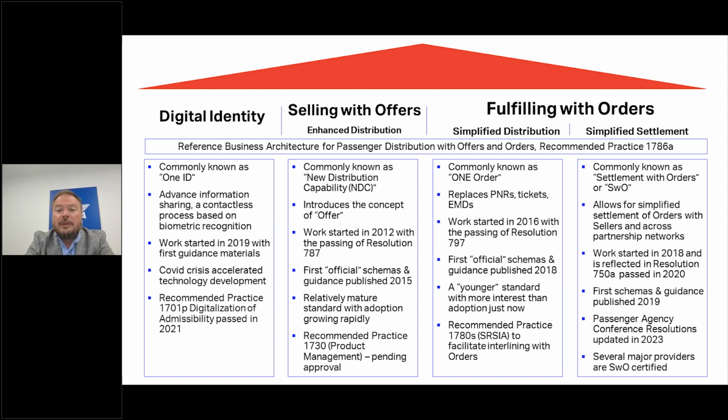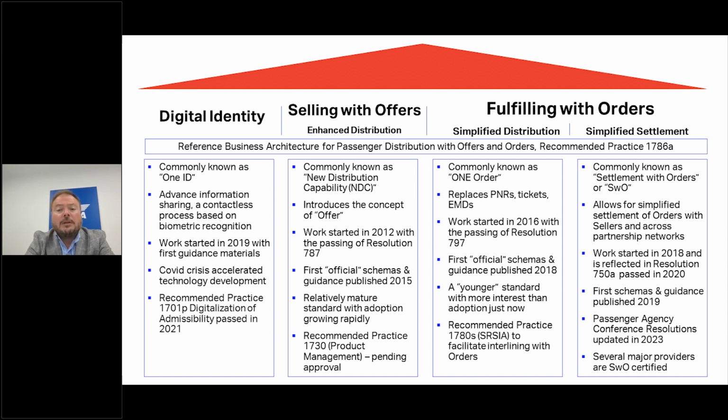Then you have fulfilling with orders that consists of two parts. There is one part which is about simplified distribution, and that more generally is known as one order. And again, some of you might be more familiar with it already, because it's been around as initial work that was done on it back in 2016, 2017, I believe, under the provisions of Resolution 787.